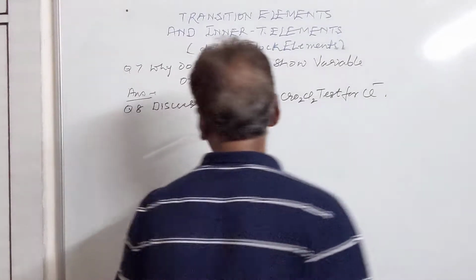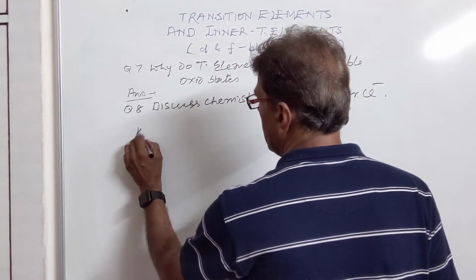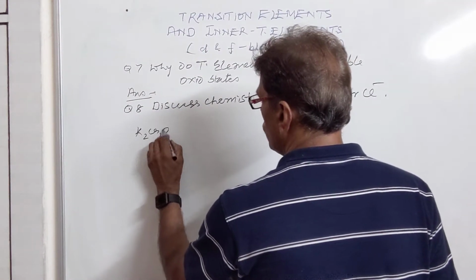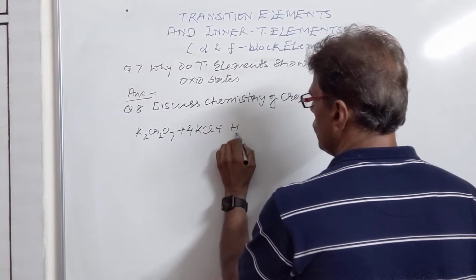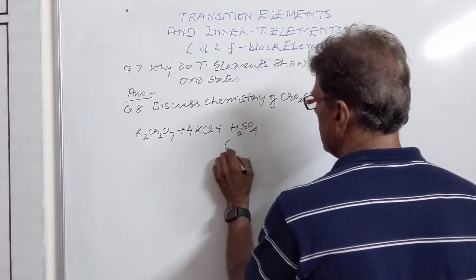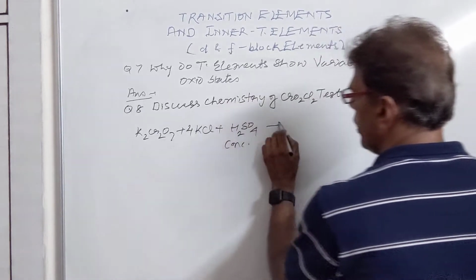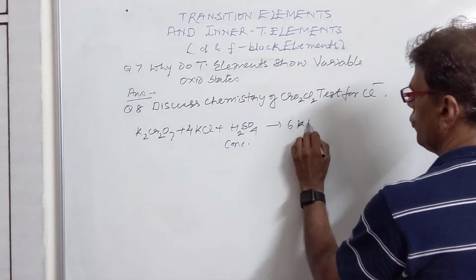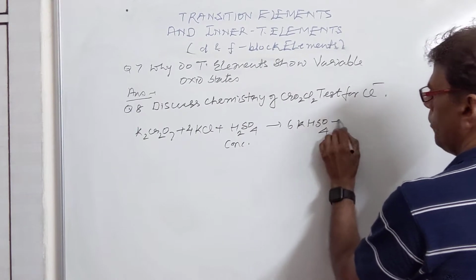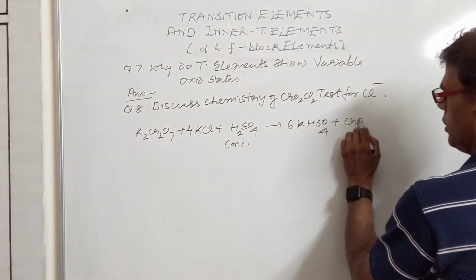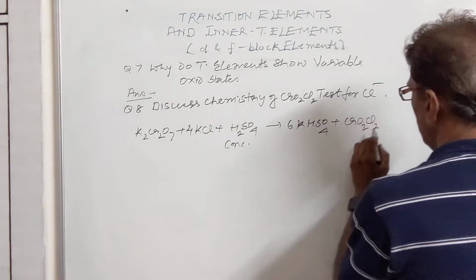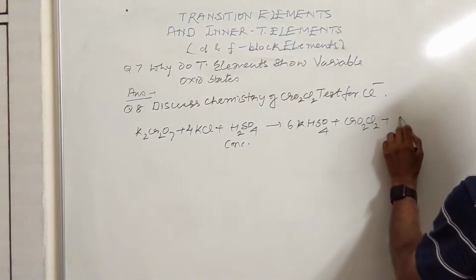Now, what is the chemistry of the chromyl chloride test? K2Cr2O7 combines with 4KCl in the presence of concentrated sulfuric acid. You will get 6KHSO4 in this case, plus chromyl chloride vapor, 2CrO2Cl2, plus 3 water molecules.